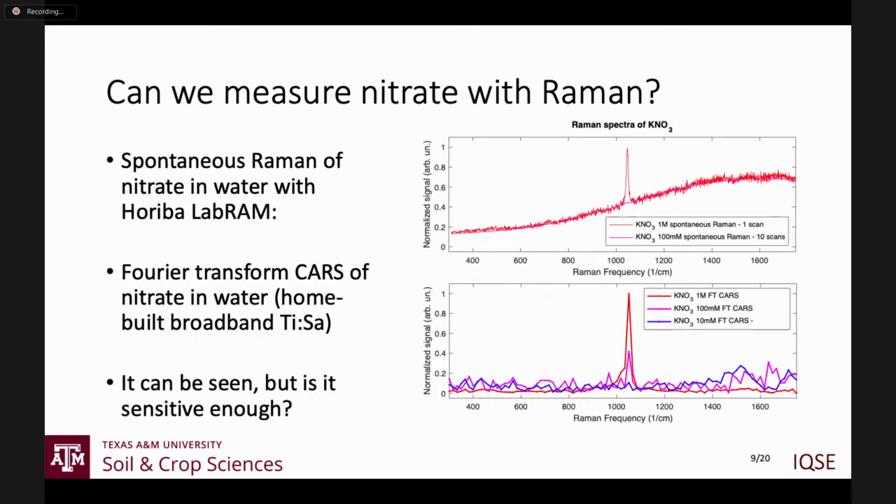So there are many tricky things to take into account here. Of course, you have the fluorescence of the containers you are using, and so on. We also tried using Fourier transform CARS of nitrate in water for the same thing, to compare.